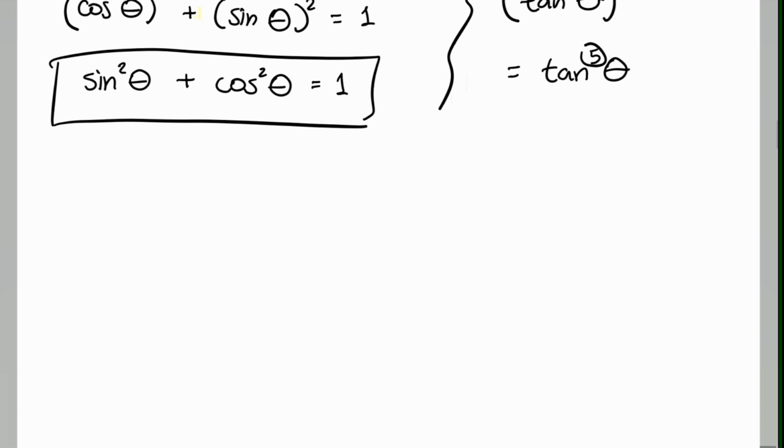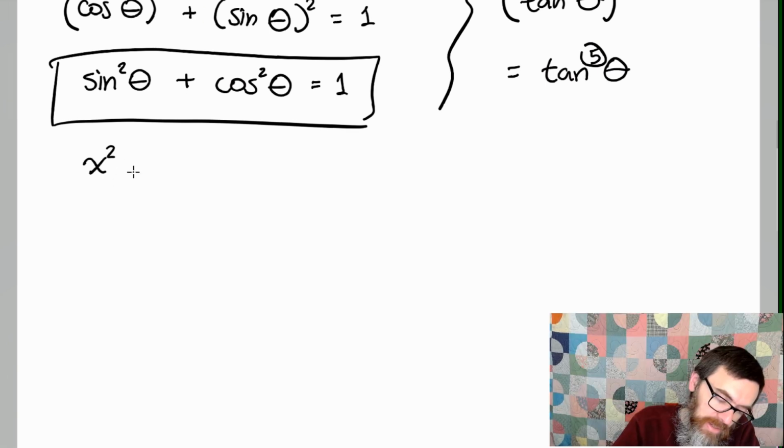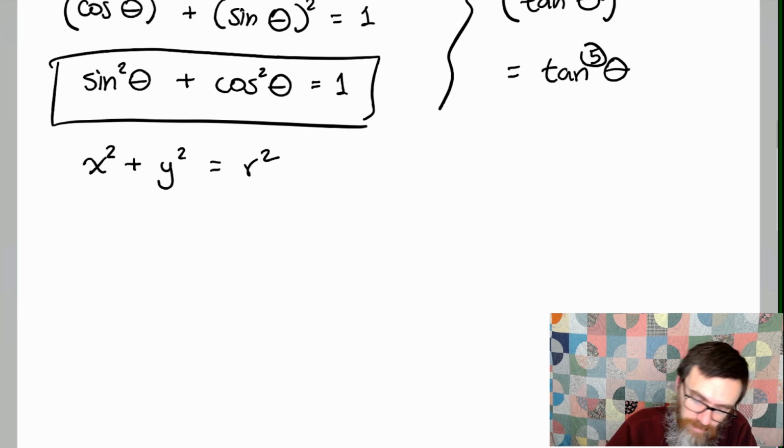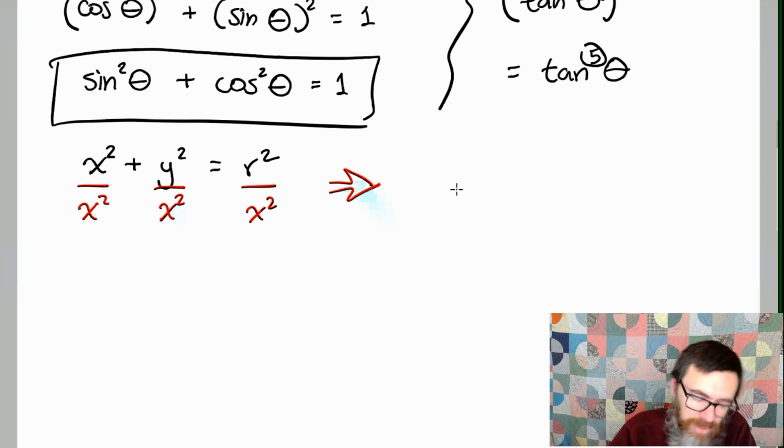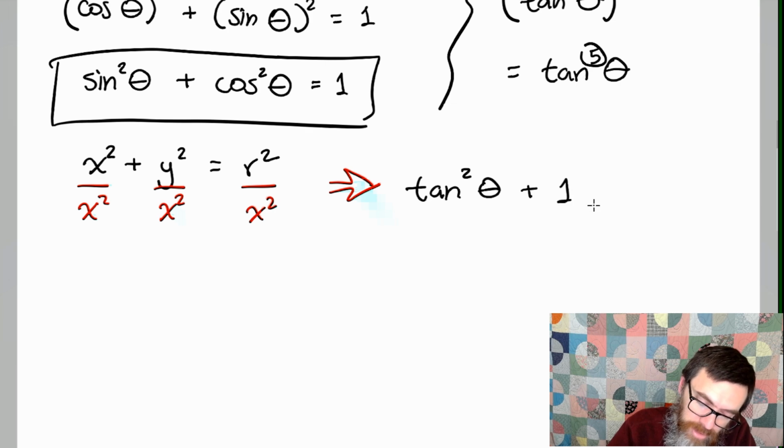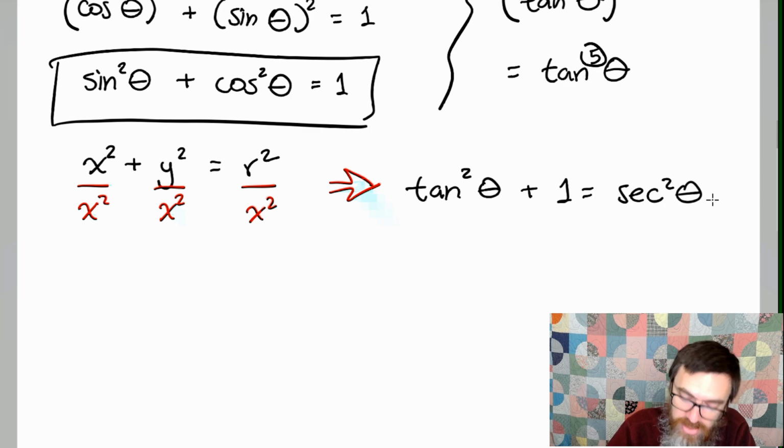Okay? If we take the same guy and instead we divide everything by x squared, then what we end up with is the Pythagorean identity of tangent squared plus 1 is equal to secant squared.